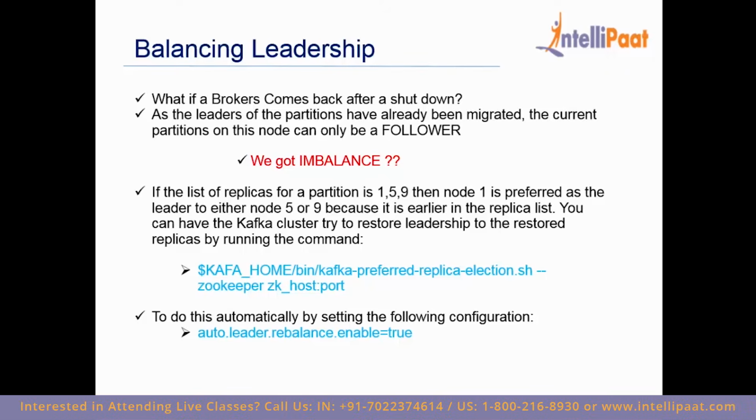So what we got is an imbalance. To handle this kind of situation, we need to run this kafka-preferred-replica-election.sh script. As an example, you can see on the screen that if the list of replicas for a partition is 1, 5, 9, then node 1 is preferred as the leader over node 5 or 9 because it is earlier in the replica list.